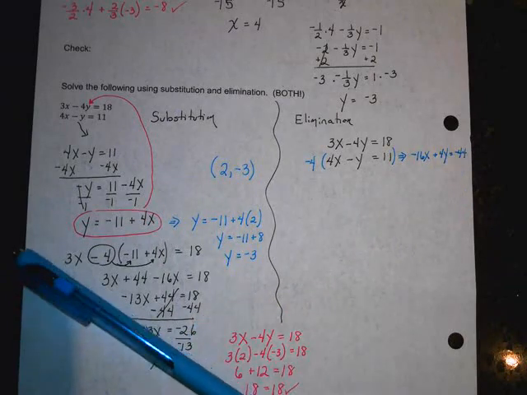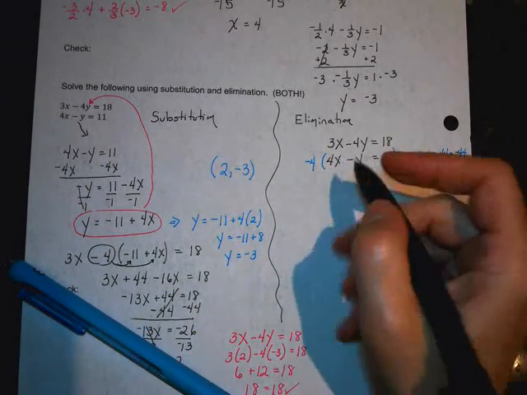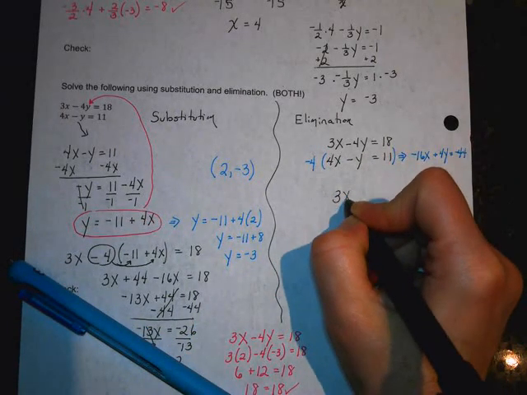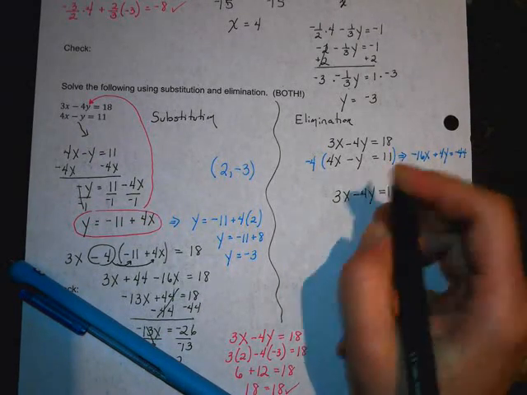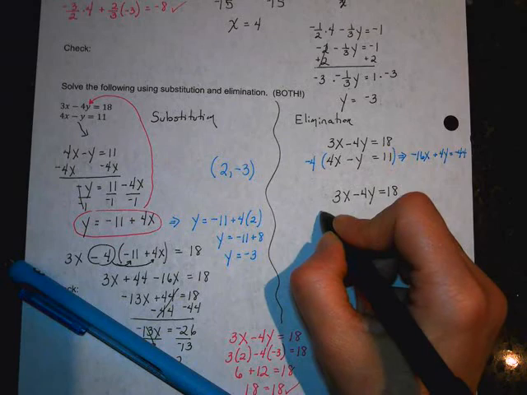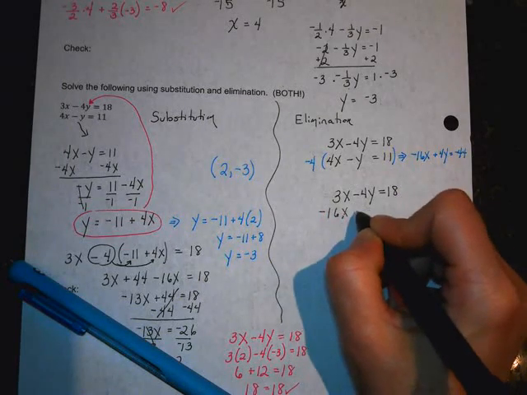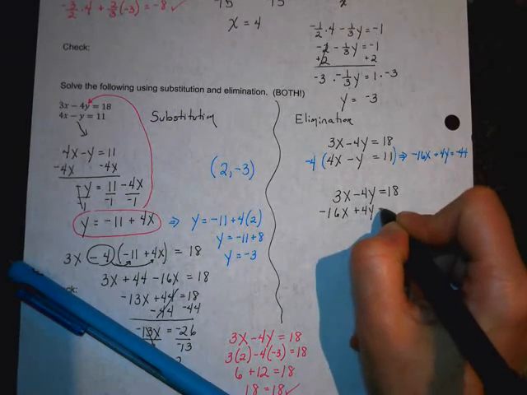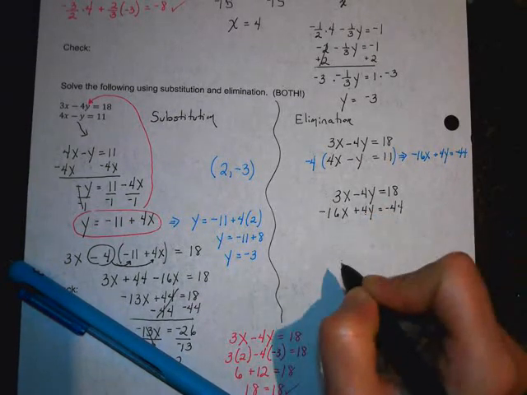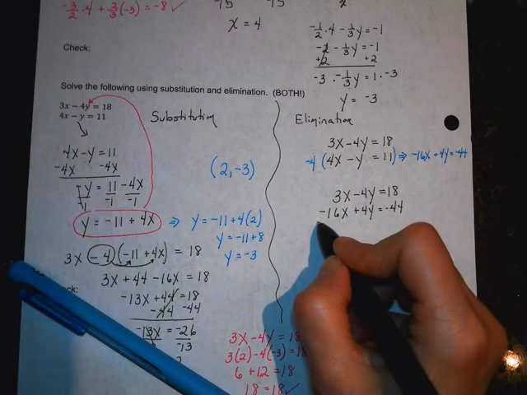So let me rewrite it because it looks a little scrunched. You ready? So the first equation doesn't change, and the second equation will be negative 16x plus 4y equals negative 44. All right.